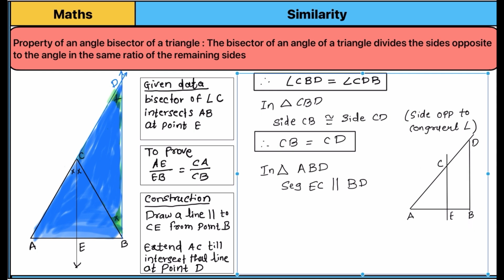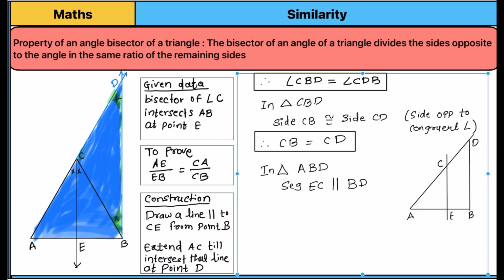What does it say? If a line parallel to a side of a triangle intersects the remaining two sides. So we have CE parallel to BD. That means CE is parallel to one side of the triangle, which is BD, and it is intersecting the remaining two sides, which are AD and AB.